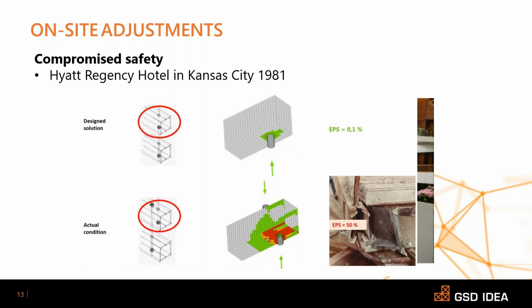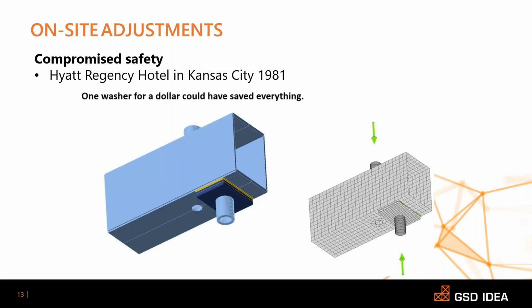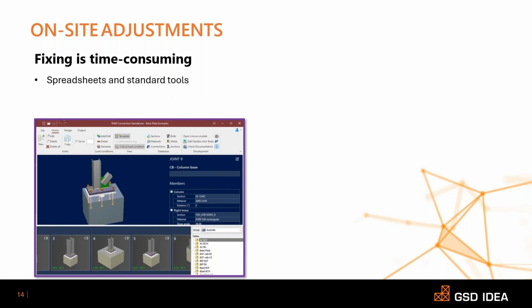And you can see there was only a misaligned railing and it compromised the safety. Such a small detail, small error, and it has caused a giant issue. But we don't want to do that. We want to have a look at it, and we want to cover it. And I wish there was IDEA Statica back then, so they could solve it and prevent this issue. But there is IDEA Statica today.